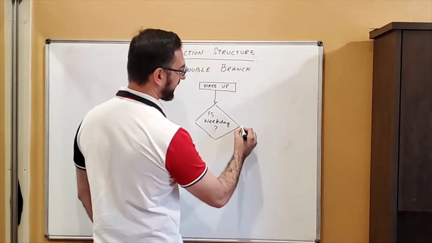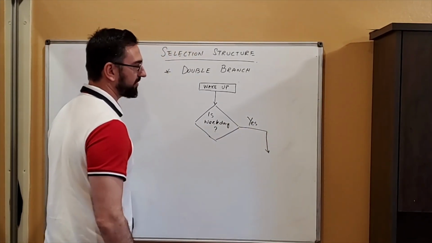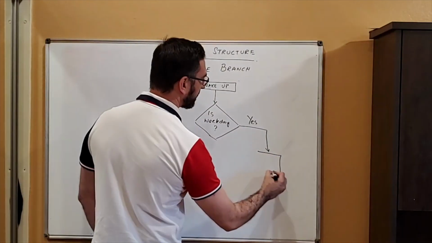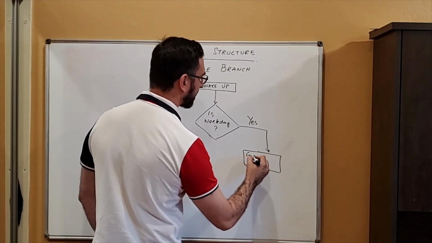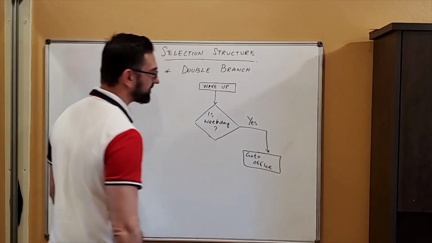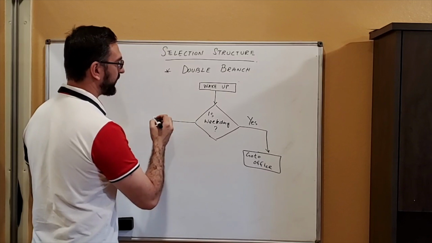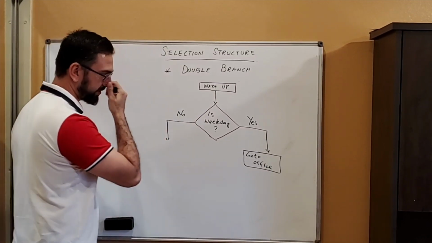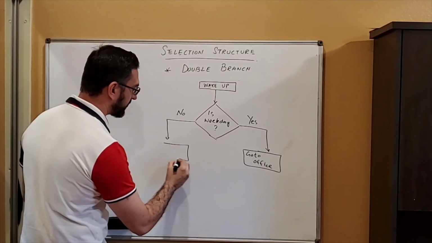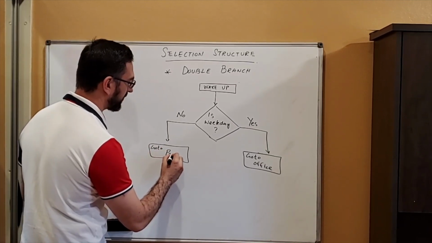And if it's a weekday, if this condition is correct, we go to office, or school, whatever. And if it's a weekend, that means this condition is false, we do something else, which is go to park.